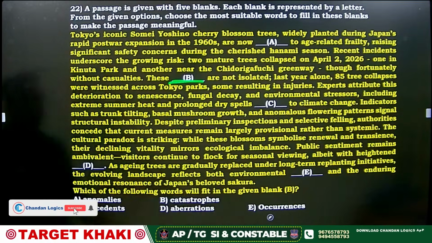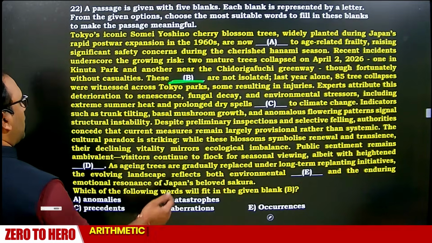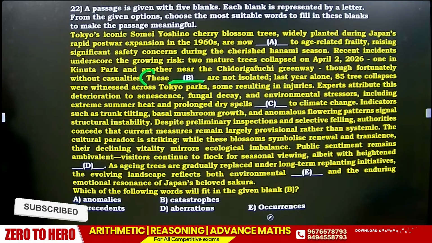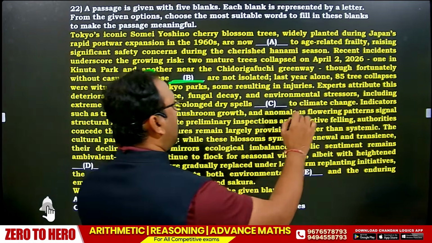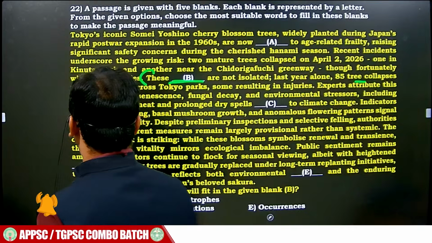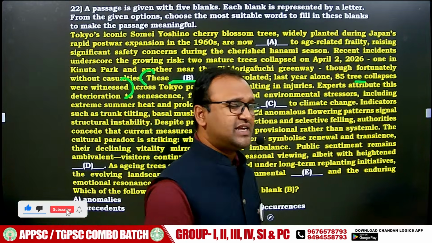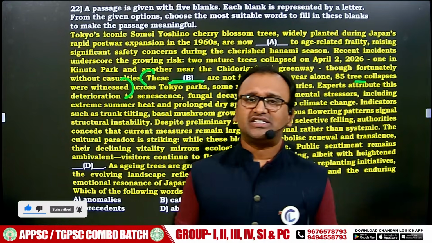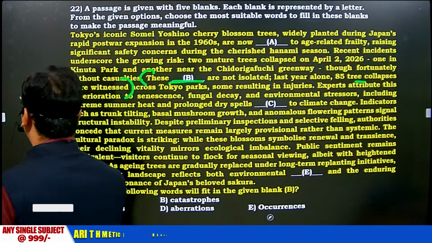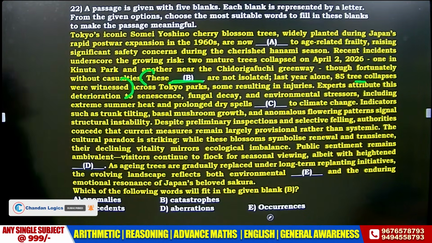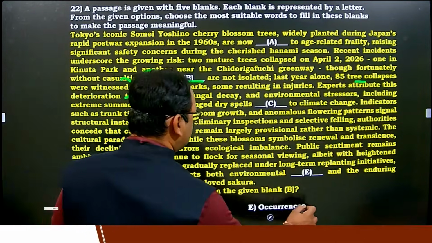I think this question is difficult. Shortcuts don't work. Maybe you read the sentence. These dash are not isolated. Last year alone, 85 tree collapses were witnessed. So what are you trying to say? Last year alone, 85 incidents happened. So you're talking about incidents. Where is the vocabulary here? Close to incidents: occurrences.